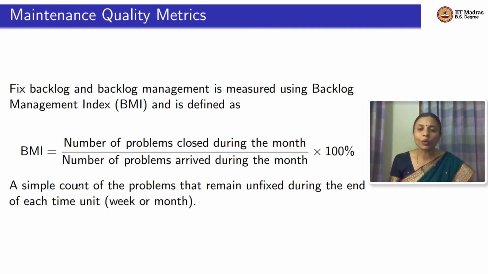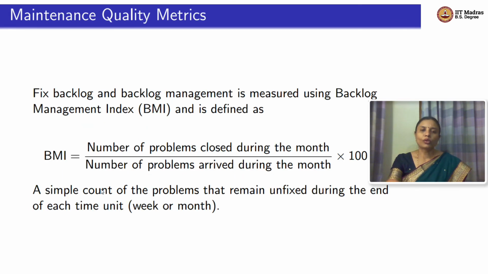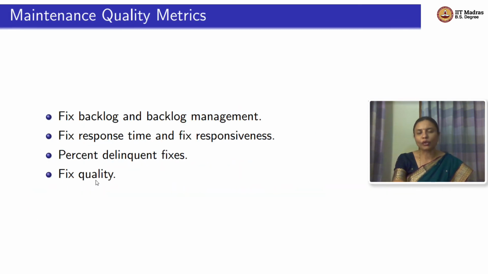So a simple count of the problems that have not yet been fixed during a certain time unit helps to tell you how much backlog you have as far as your fixes are concerned and whether you've been able to manage your backlogs well. So that is Backlog Management Index. The rest are related to this. I'm not defining them formally, but they come up when you're doing maintenance of software.